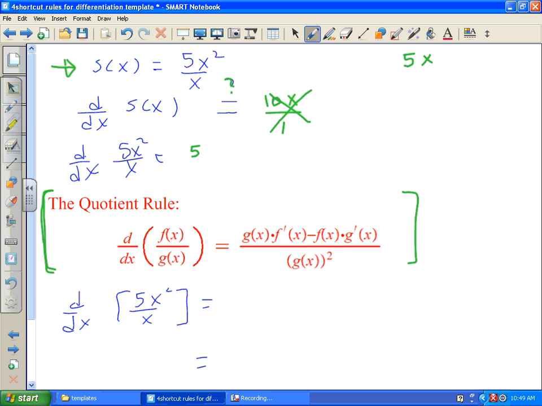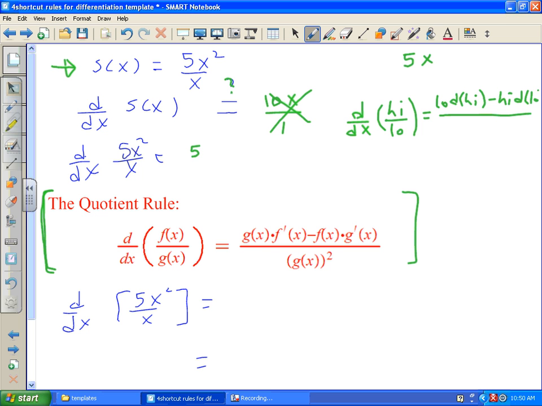And I have an easy way to remember this. I'm going to write the easy way also. Maybe some of you will use it and some of you won't. Let's say that this is the higher term and this is the lower term. So I have high over low, which I abbreviate as LO. Basically the way I remember is low D high less high D low.